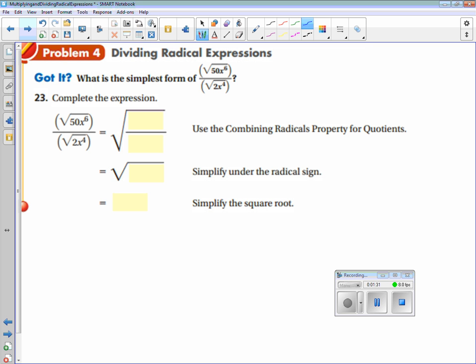All right. So what we need to look at is I have a radical and a division problem. Two radicals, actually. I have a radical in the numerator, and I have a radical in the denominator. And what I want to do is reduce this and simplify it as much as I can. So I'm checking to make sure that my indices are the same. What is the index of both of these radicals?